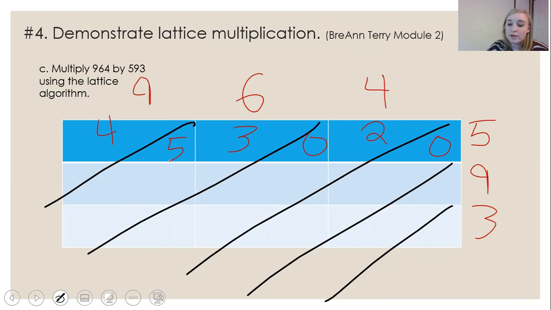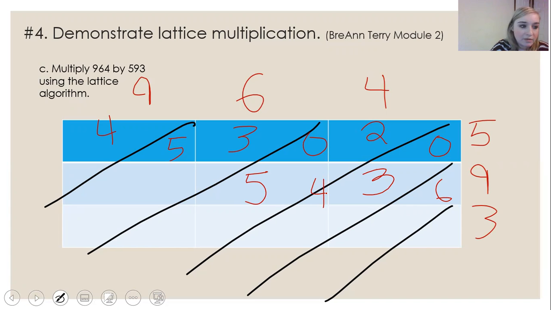Now we're going to multiply each number on the second row by 9. So 9 times 4 is 36. 9 times 6 is 54.